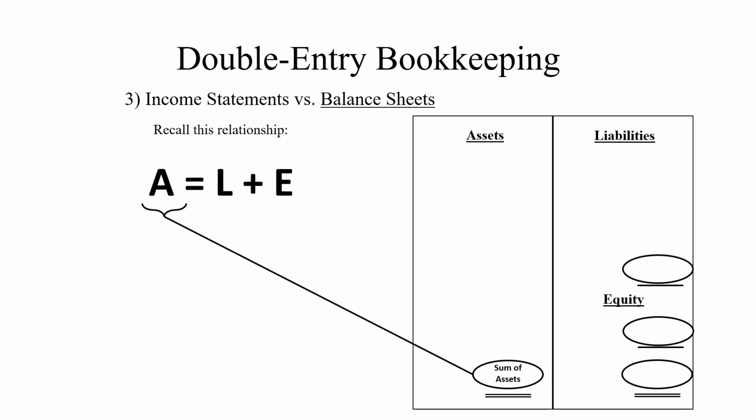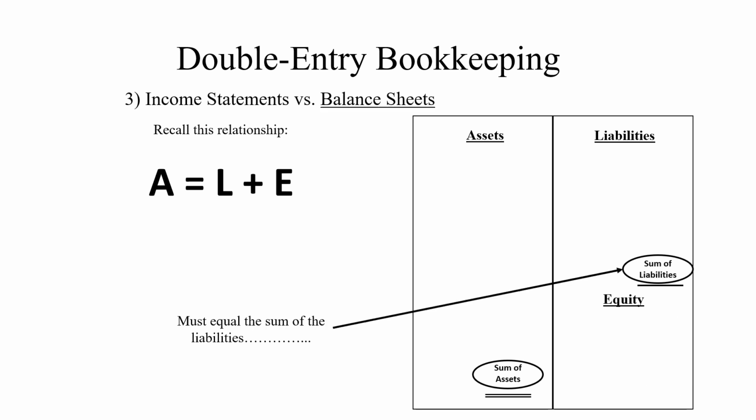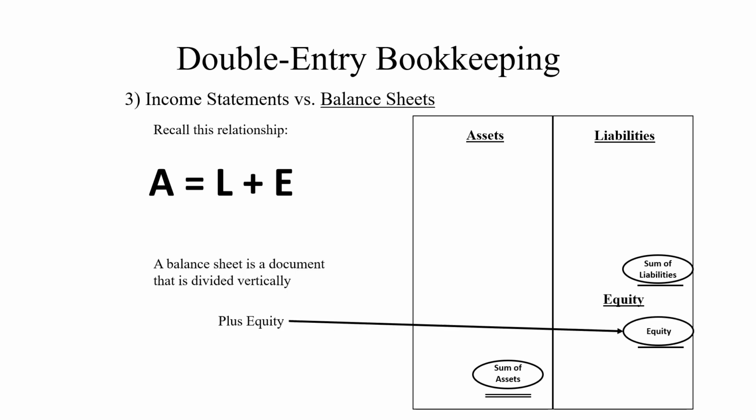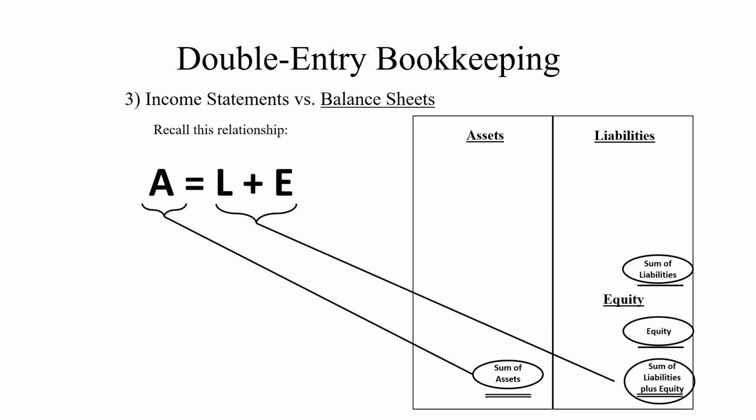Then we do the same thing for the other side of the balance sheet. And as the equation indicates, the sum of the assets must equal the sum of the liabilities plus equity. If the bottom line on each of these two sides of the balance sheet are equal, we know we haven't made a mistake.